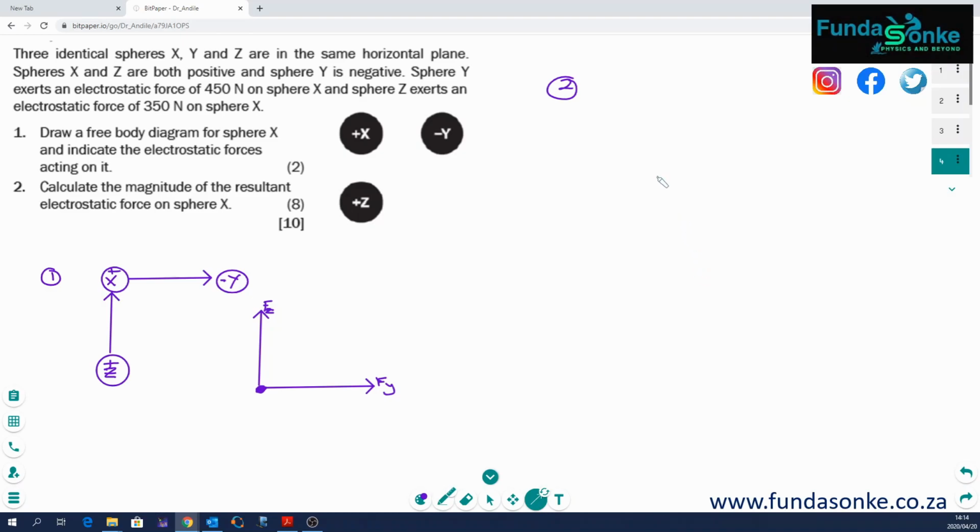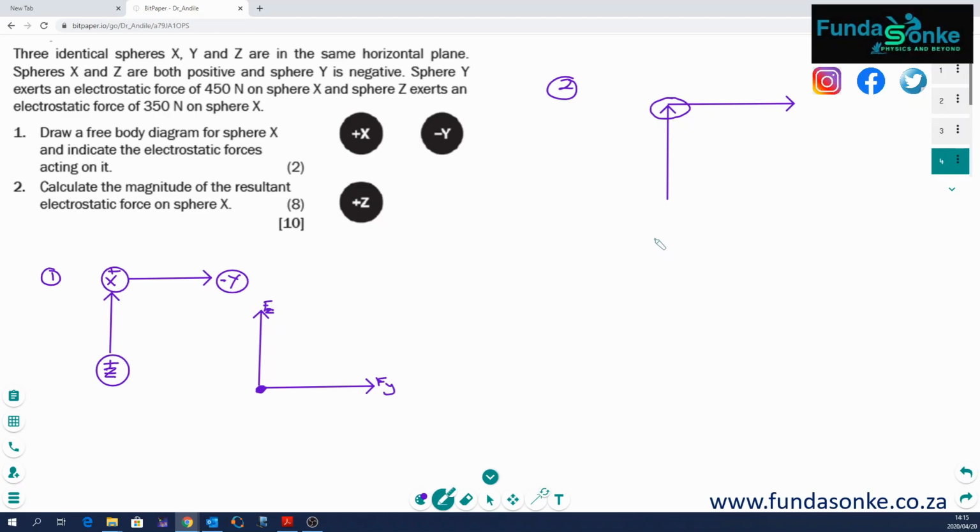So what it means then is we've got a force Fz, which is acting vertically upwards like that. Then we're going to translate force Y so that we have our head to tail vector addition, which is that case there.